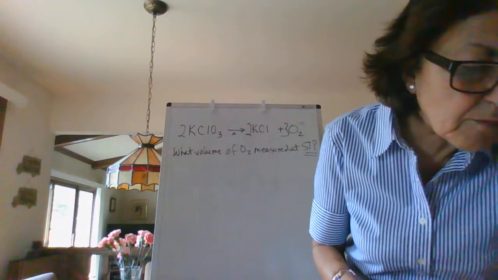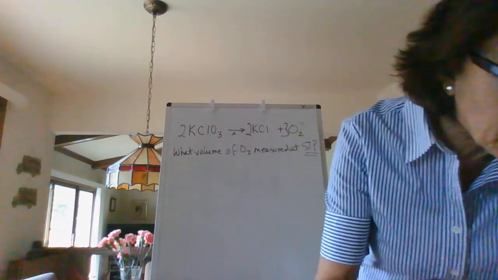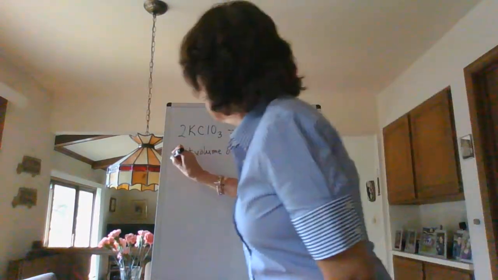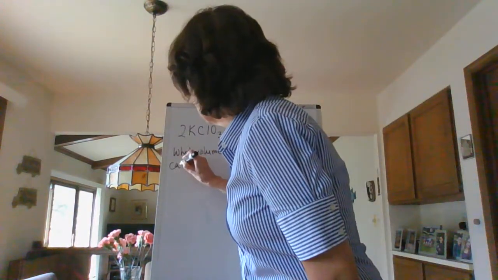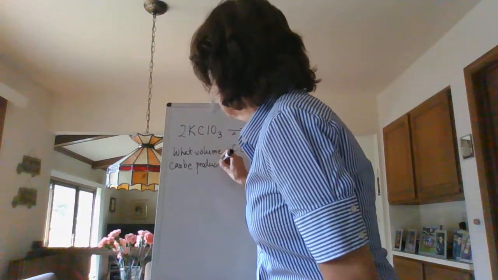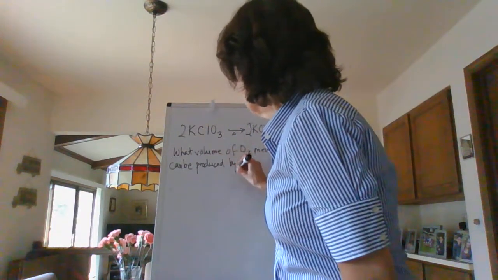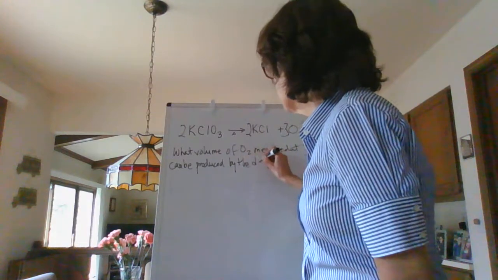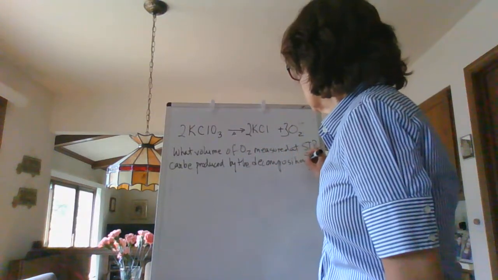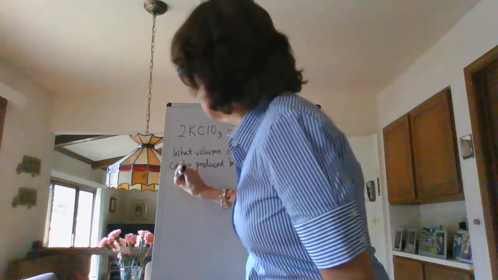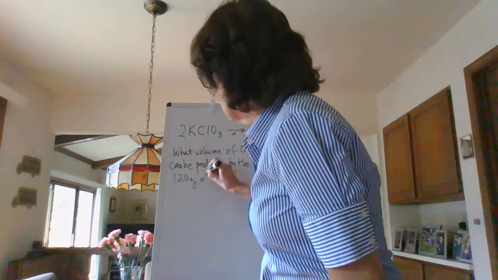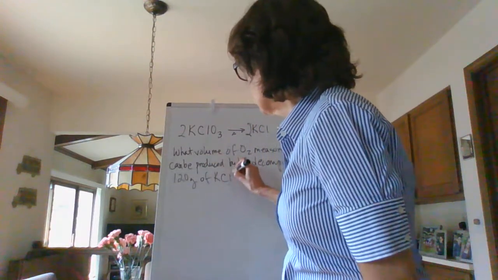So what volume of oxygen measured at STP can be produced by the decomposition of 120 grams of potassium chlorate.